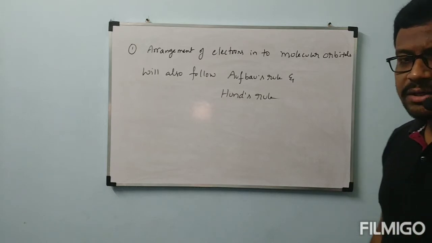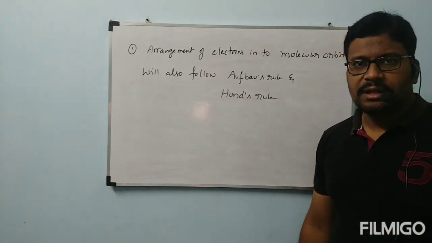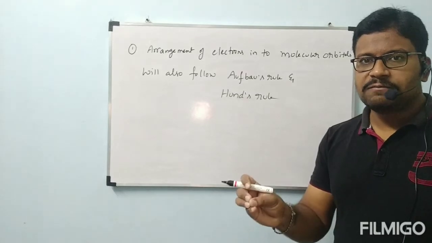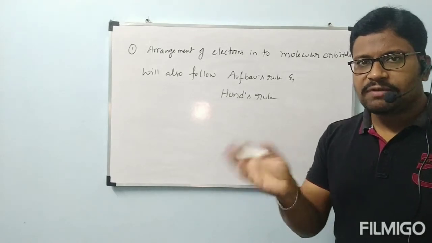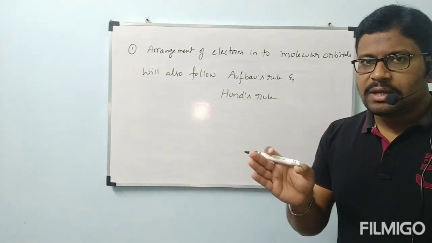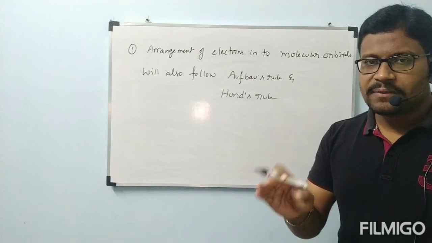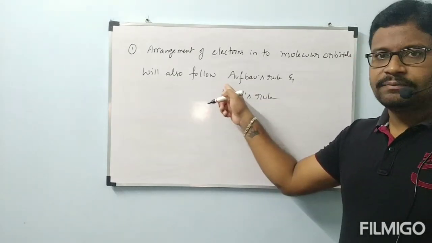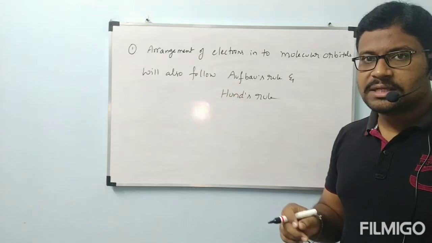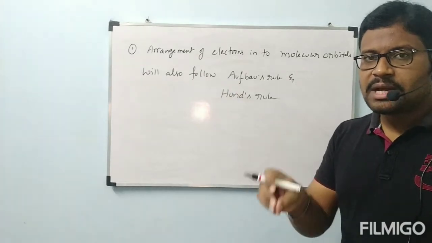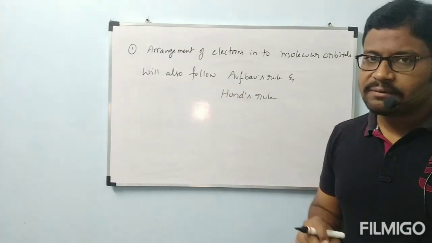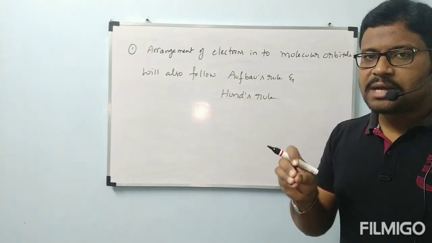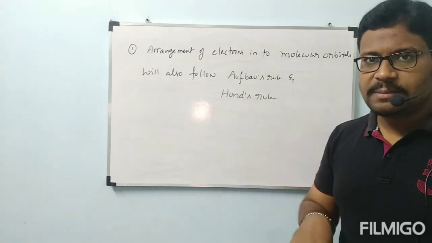In electronic configuration of atoms, in atomic structure, we have seen what is meant by Aufbau's rule and Hund's rule. If you have different energy orbitals, lower energy orbitals must be filled first, then only electrons will enter higher energy orbitals. That is called Aufbau's rule. If you have same energy orbitals, electrons will enter the orbitals singly first, and only after every orbital has at least one electron will pairing take place.